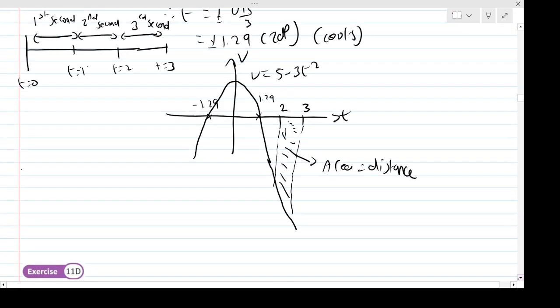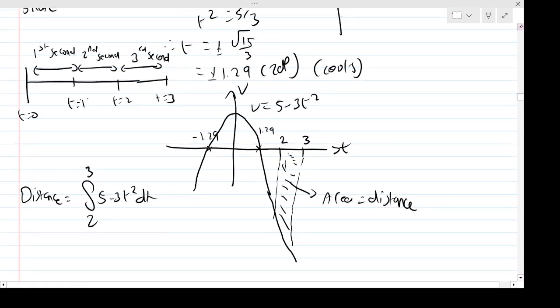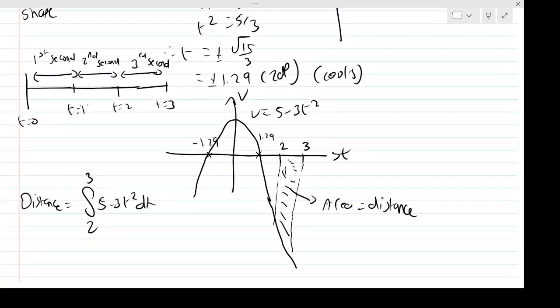The distance will be the area under the graph between t equals 2 and t equals 3, so it's the integral between 2 and 3 of 5 minus 3t squared dt. At that point we can compute distances that correspond to areas under a velocity graph by working out definite integrals.